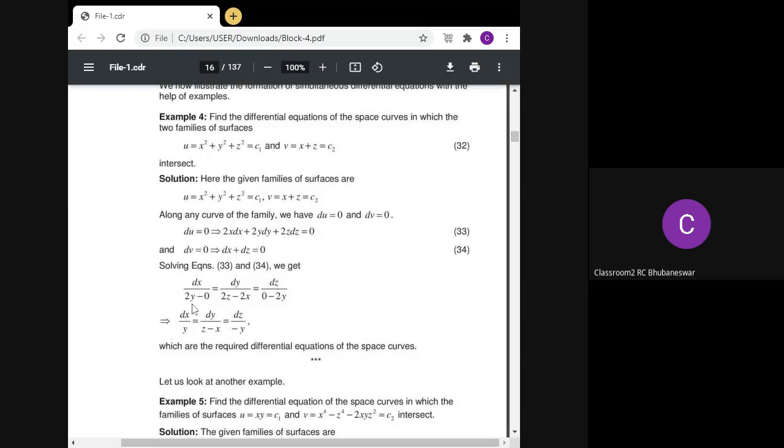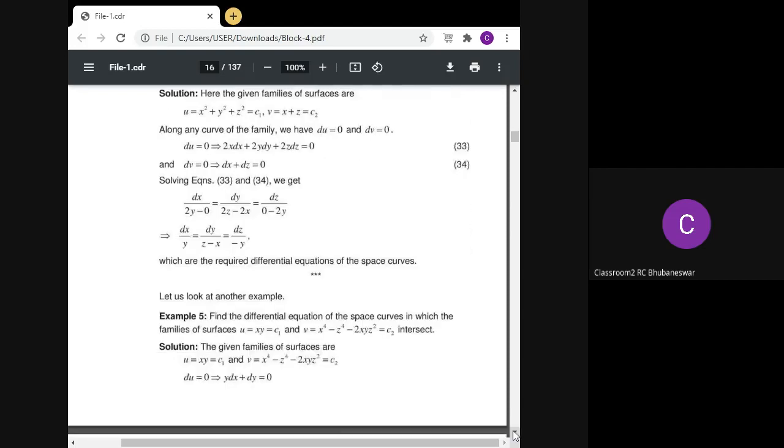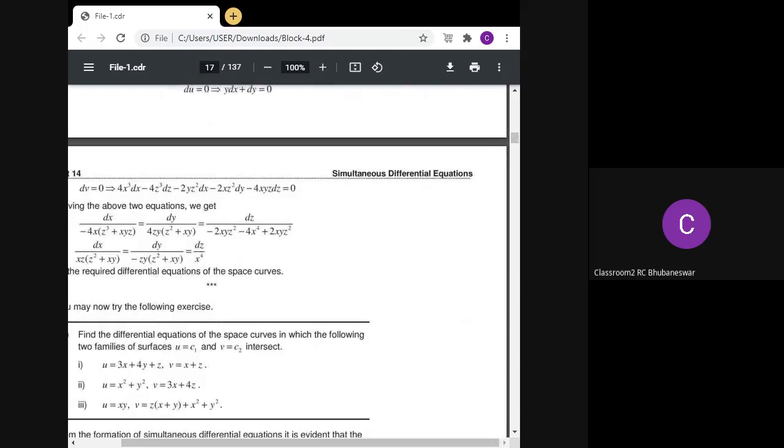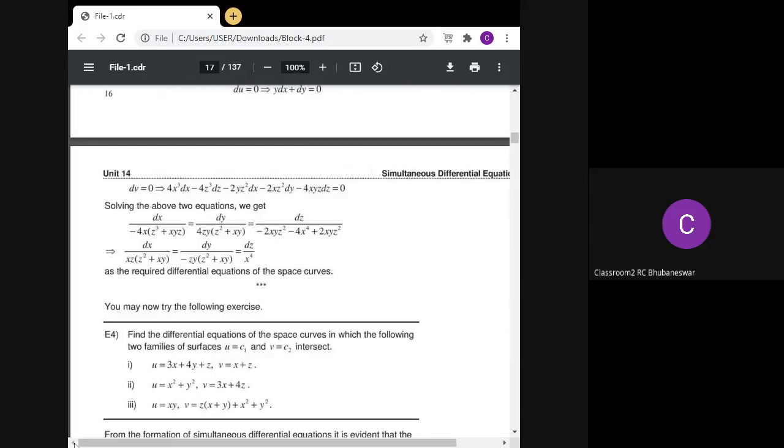This is the final relation that will give us the required system of differential equations of the given two families of curves. So this type of examples are given. Please go through each and every example to get a better grip of this particular topic.